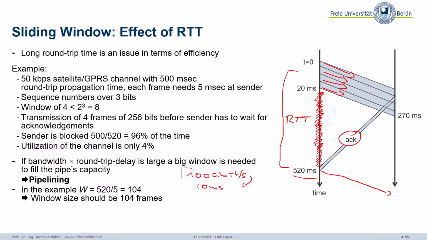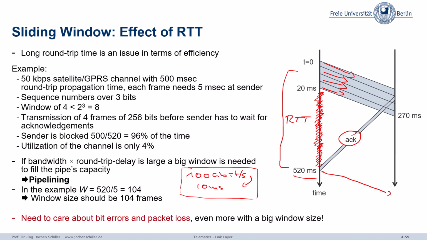That's also a kind of storage capacity of the line. 10 milliseconds, 100 gigabit per second. Whoa, that's quite a lot. Many megabytes you store there. Depending on the size of the frame in bytes, etc., the window should be very large. So if you have high data rates and long round trip delays, then we need large windows, because we want to be able to fill the pipe.